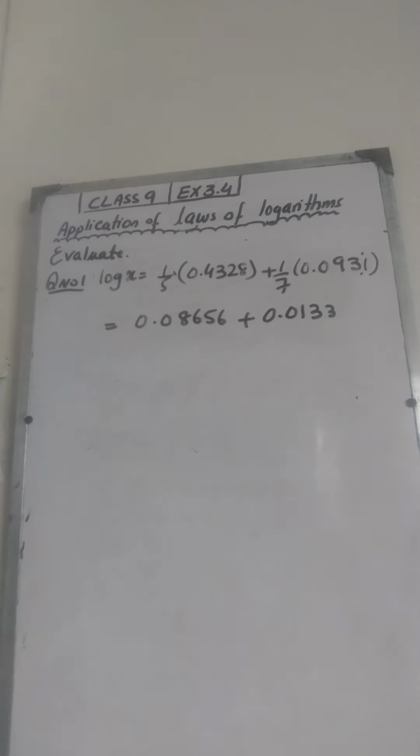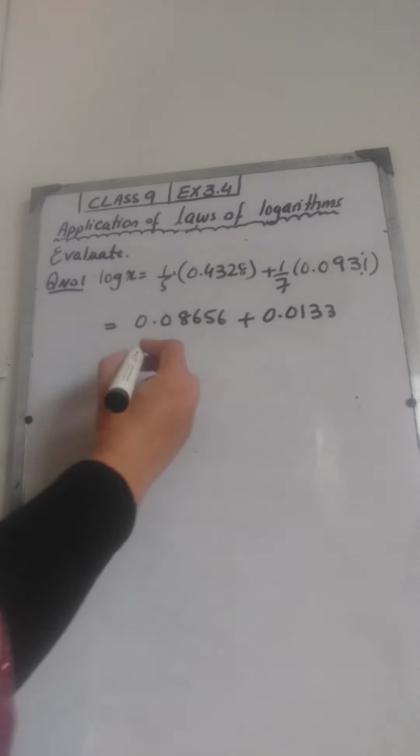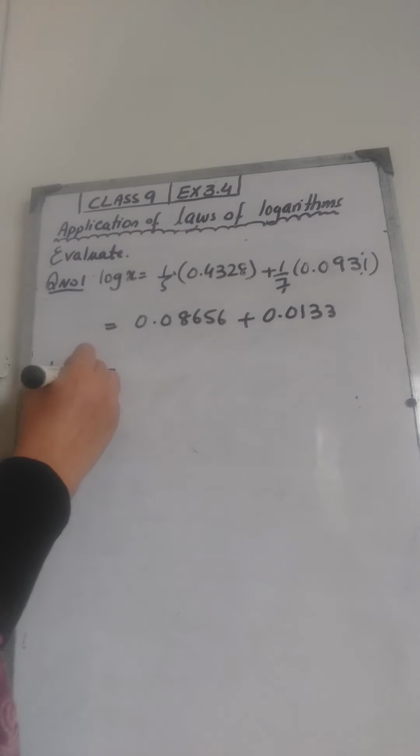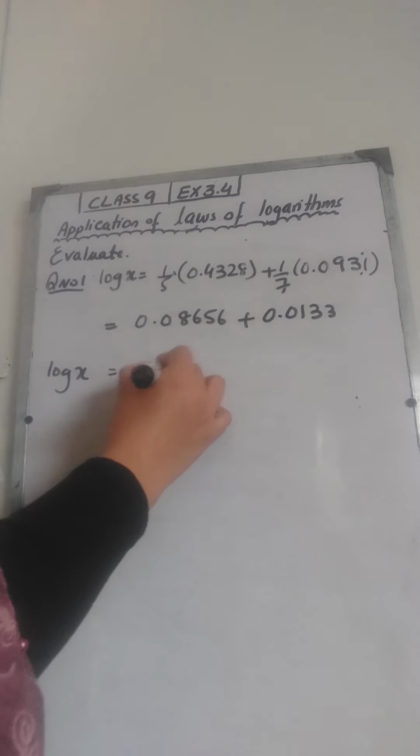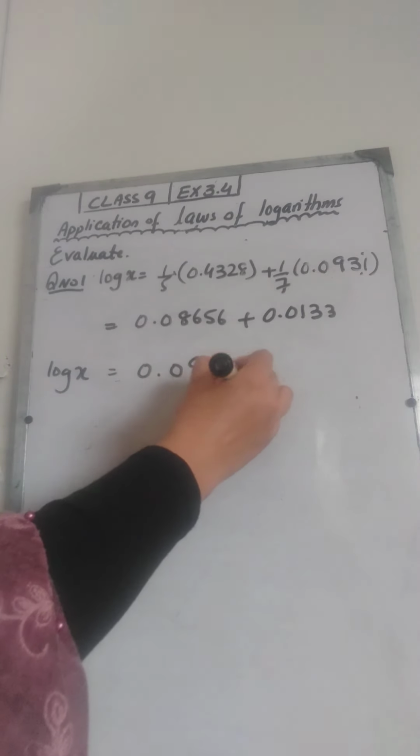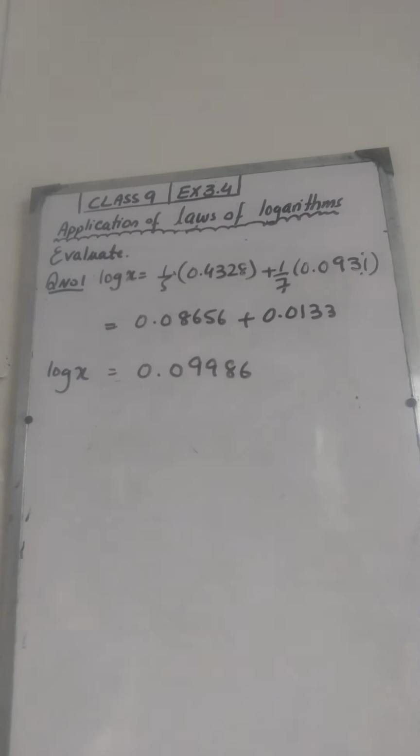Now adding these two numbers, this will give us the answer log of x is equal to 0.09986. Now again we want to get to the number x, so we have to take antilog on both the sides.